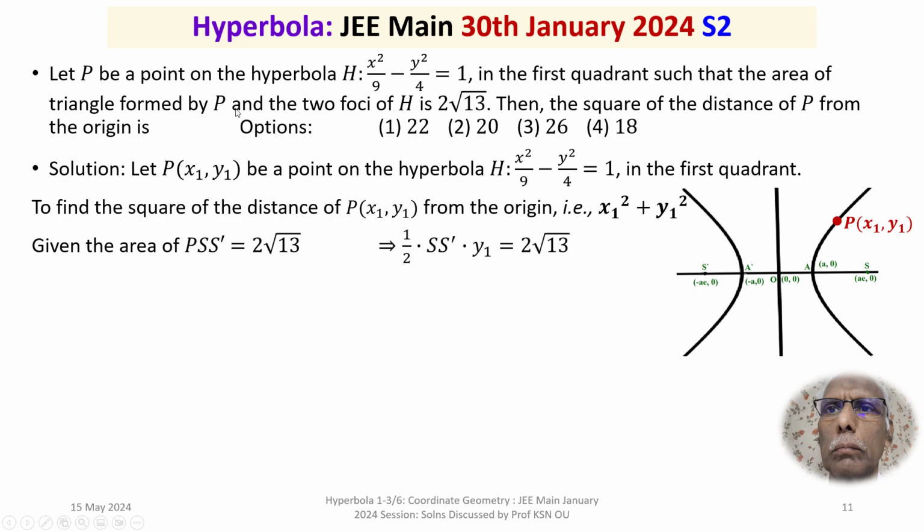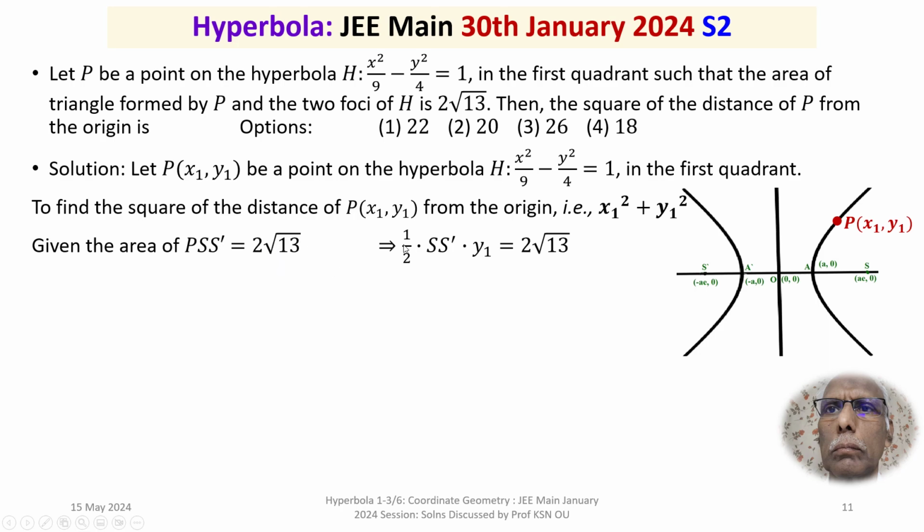What is given? The area of the triangle formed by P and the two foci of H, that is S and S prime. The triangle is P, S, S prime. The area is given to be 2 under the square root of 13.